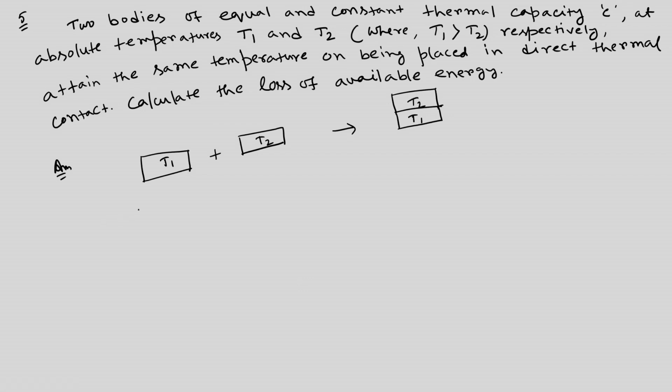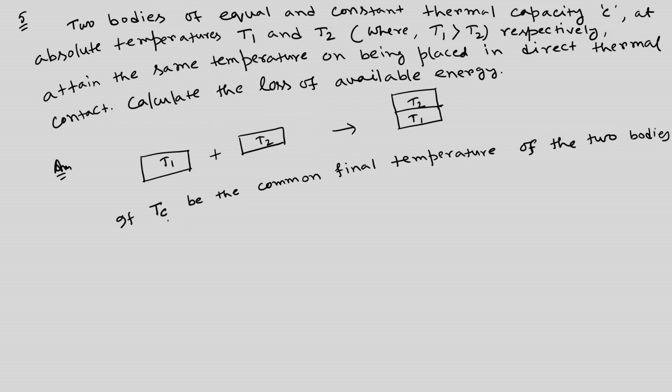Now, we consider Tc to be the common final temperature of the two bodies, then we can write C times (T1 minus Tc) equals C times (Tc minus T2), as T1 is greater than T2.